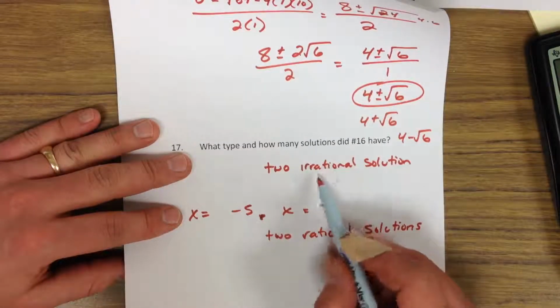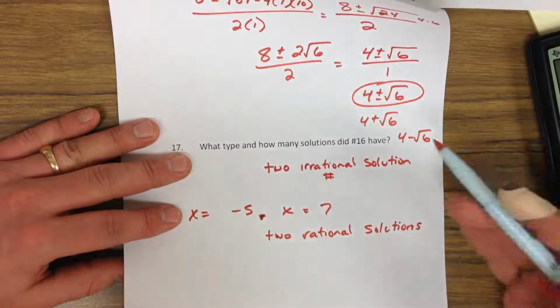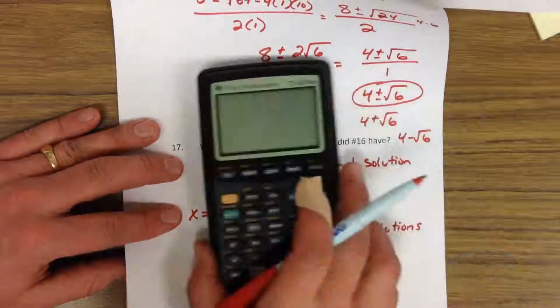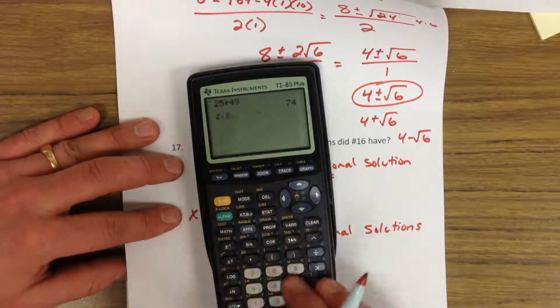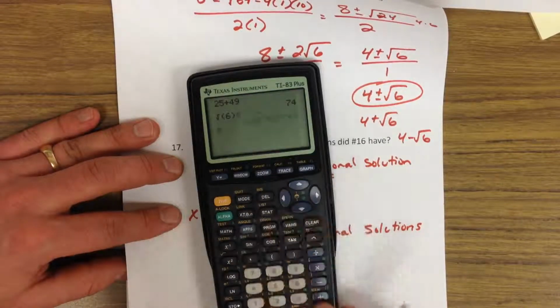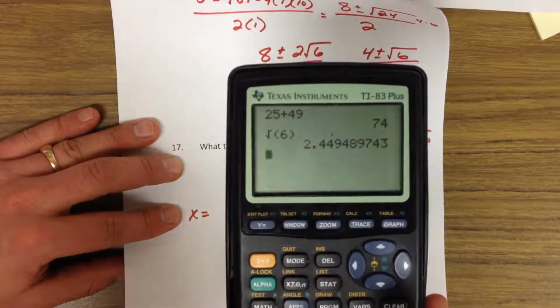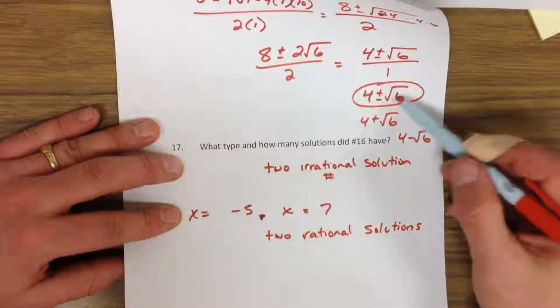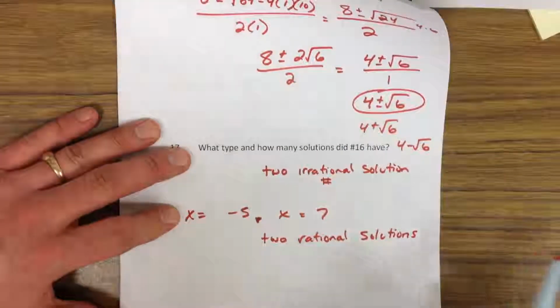An irrational number is a number that is a decimal that never repeats, and it never stops. So if I do rad 6, you'll notice that it's a decimal that doesn't repeat and it never stops. All right, so whenever we have a non-perfect square tacked onto our answer, it's going to be an irrational solution.